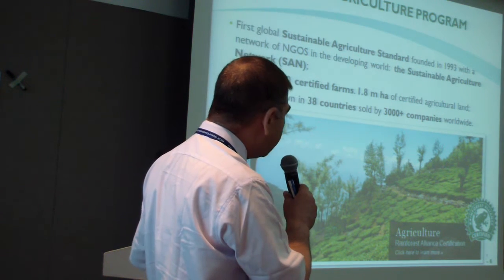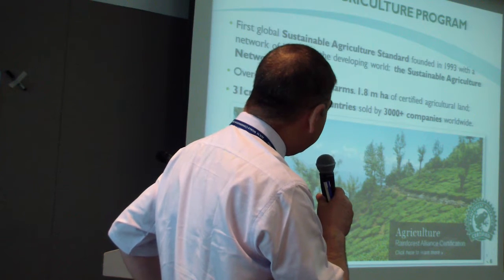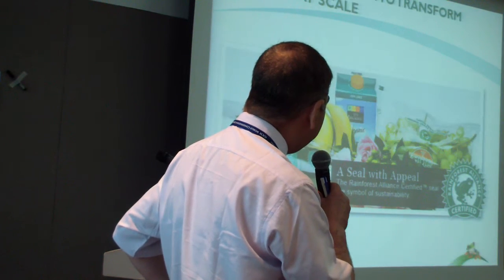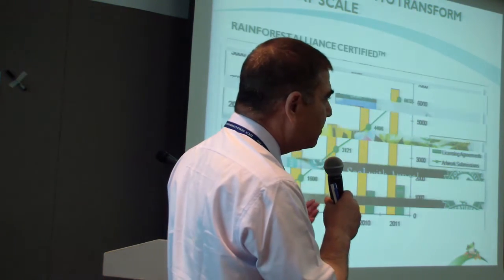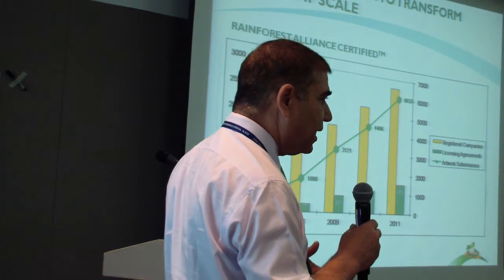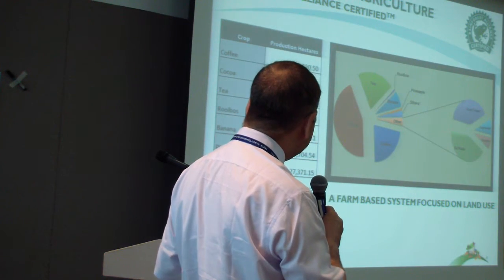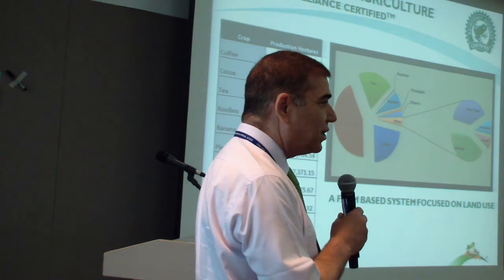And we believe that it is essential if biodiversity has to be integrated across the full supply chain. The Sustainable Agriculture Program is one of the longest, and as I said, we have come a very long way. We particularly have grown very significantly over the past few years. One of the major planks of delivering sustainability is through certification. Much of our work is in tea, cocoa, and coffee.